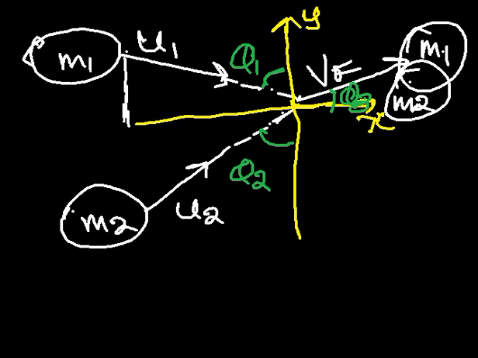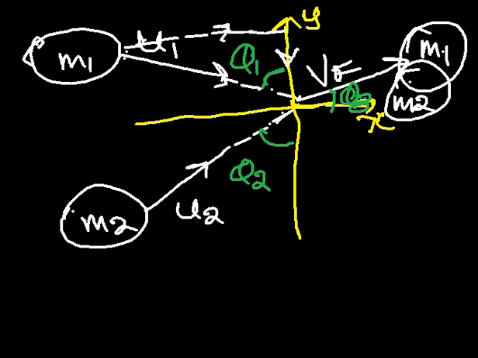In this case, we're going to resolve into components. We'll resolve the initial momentum for object 1 separately along x and along y. So this is the initial momentum along x for object 1, and this is the initial momentum along y for object 1 upon resolving that. The principle remains the same.